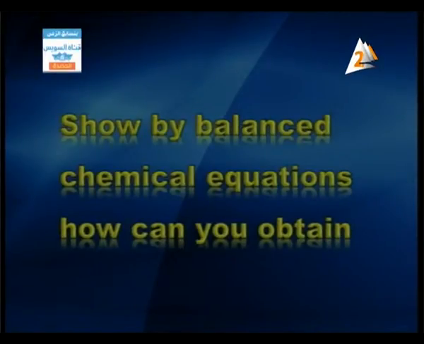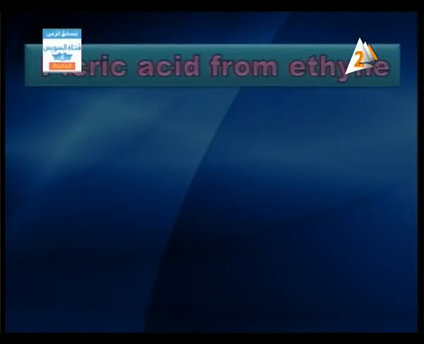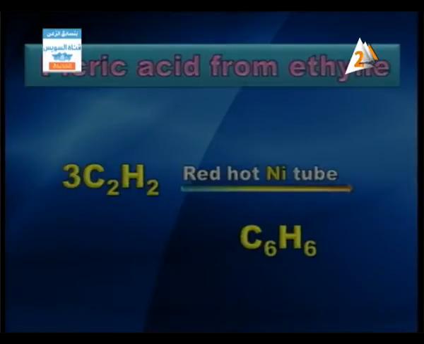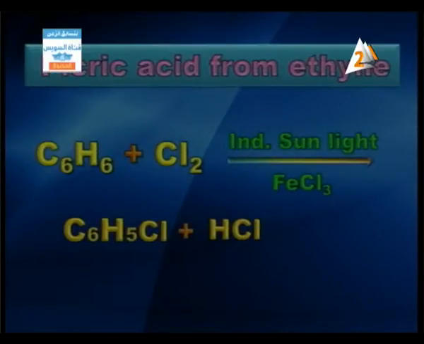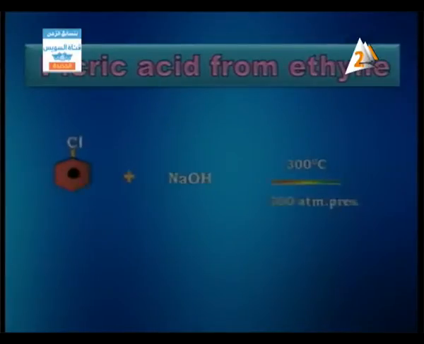Next type of question, show by balanced chemical equation. How can you obtain picric acid from ethyne? So 3C2H2 in red hot nickel tube gives benzene C6H6. Then benzene plus chlorine in the indirect sunlight in the presence of iron 3 chloride gives chlorobenzene and releases 1 mole of HCl.